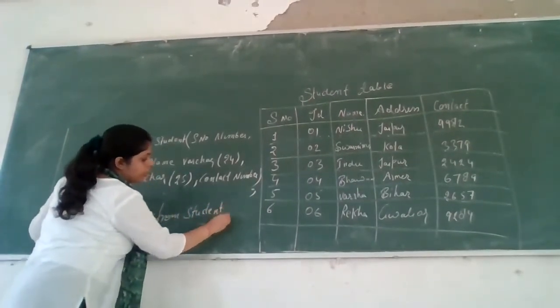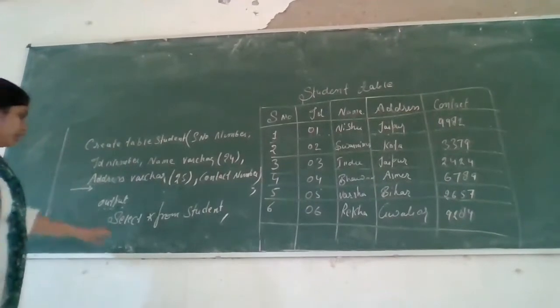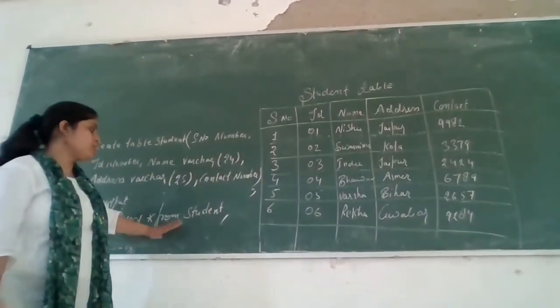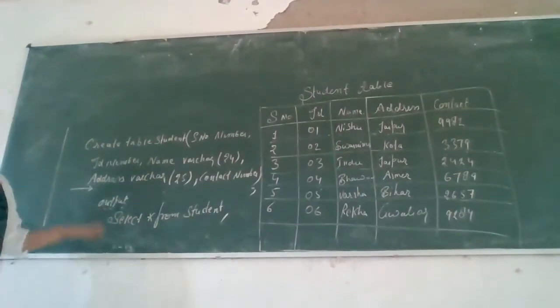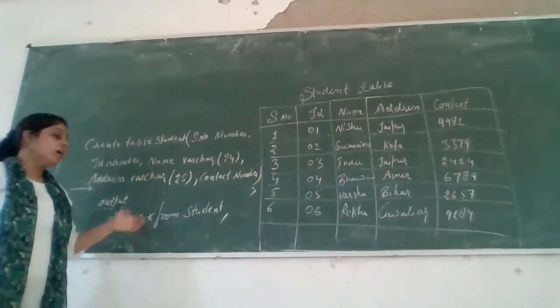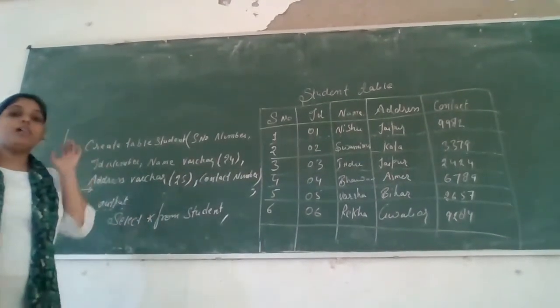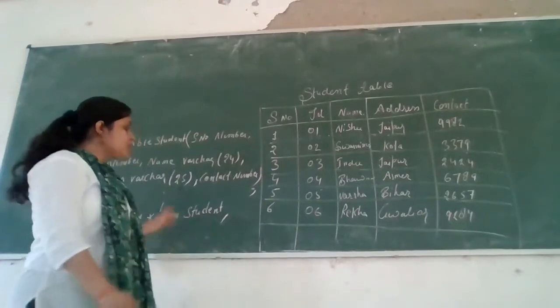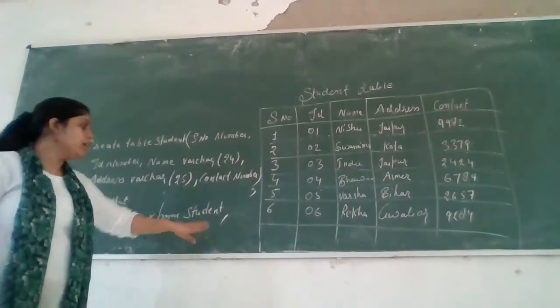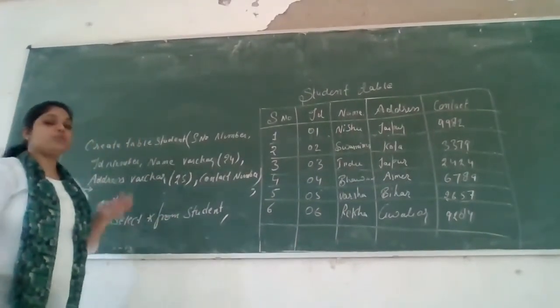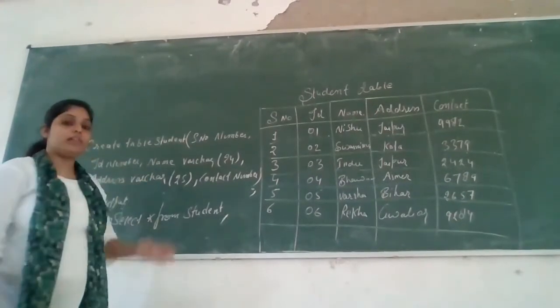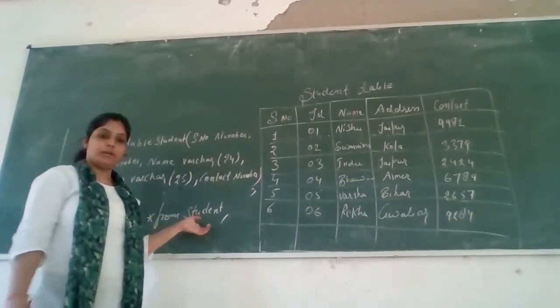Clear? Now you write select asterisk from student. Select means you want to display. Asterisk stands for all the data, all the information which is stored in the student table. Clear? It will display all the data, all the information which is stored in the student table.